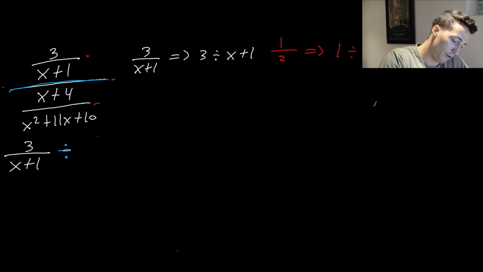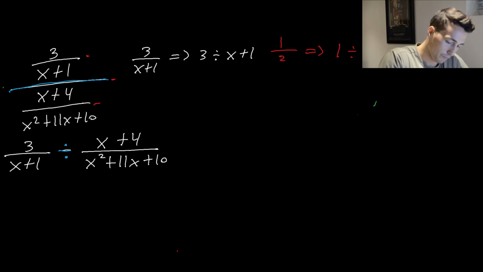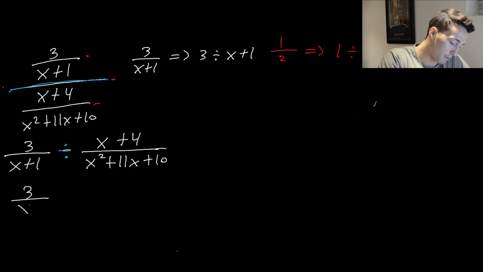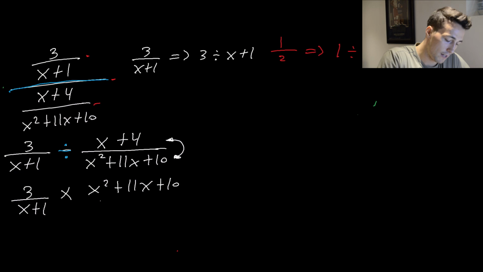And then I'm going to write x plus 4 over x squared plus 11x plus 10. So now this looks a lot more similar to the forms we're used to. And if we're dividing by a fraction, we're going to be multiplying by the reciprocal. So we can do times, and I'm just going to switch these terms. On top is x squared plus 11x plus 10 divided by x plus 4.